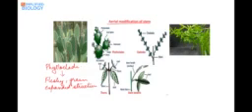The leaf gets modified into spines to reduce the rate of transpiration. And these are usually found in xerophytic plants like cactus, that is opuntia.